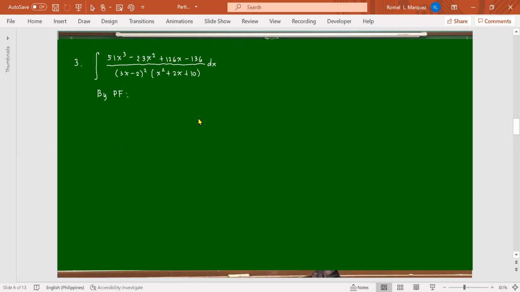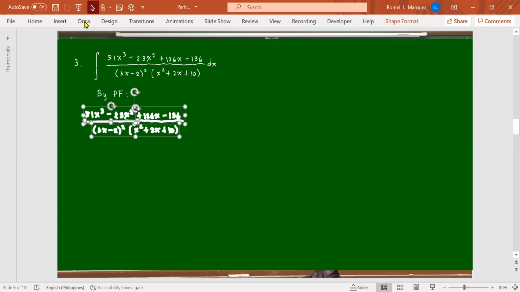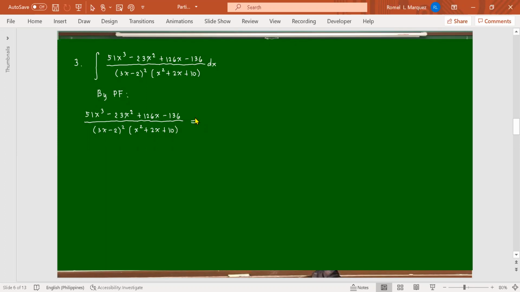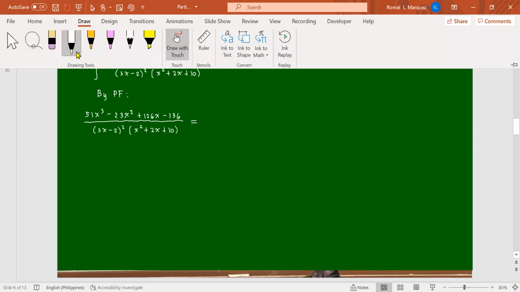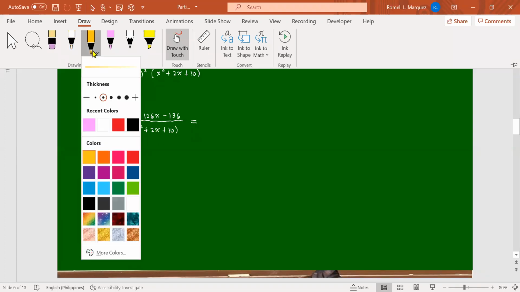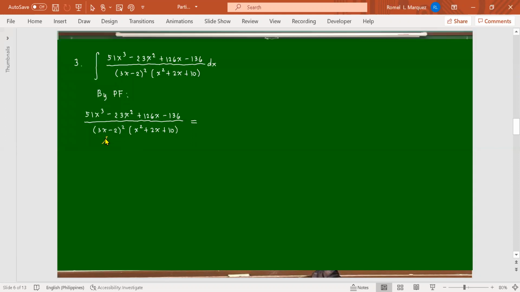we have, so this is equal to this fraction. The partial fractions corresponding to each factor. So this denominator is under case 2.